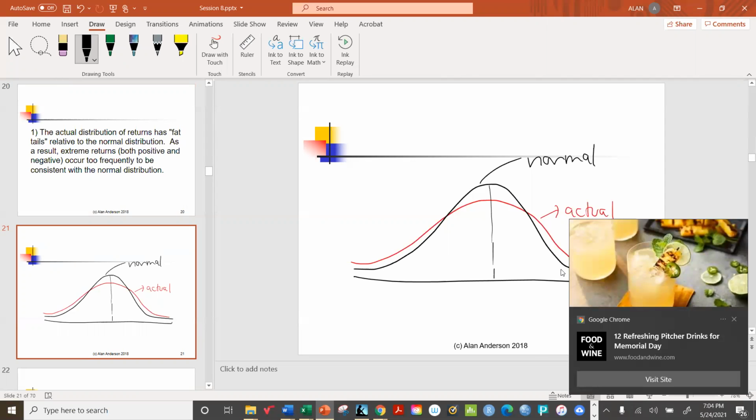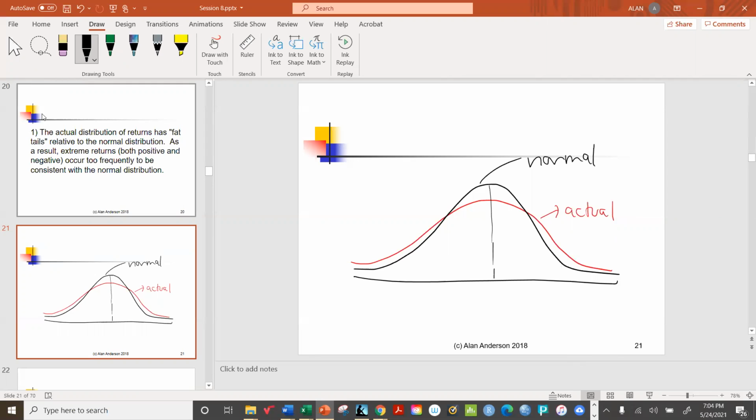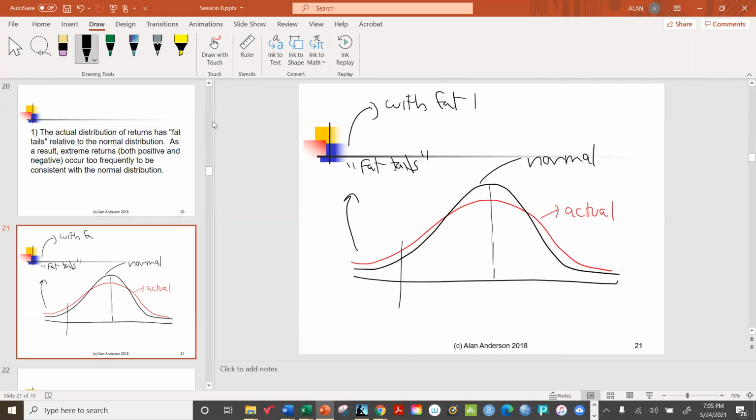Now, because the value at risk methodology is really focused on the left tail down here, this means we have what are called fat tails. That's what they're actually called. And the problem with fat tails is that we are underestimating the likelihood of large losses.